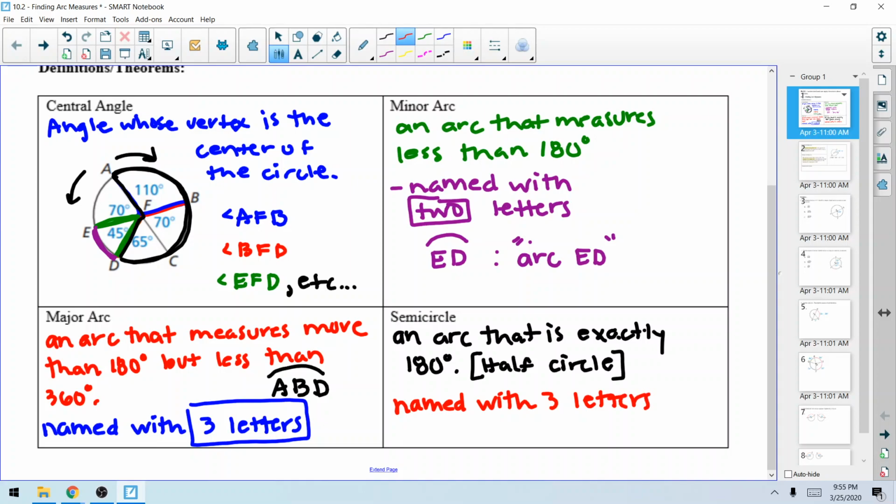And kind of for the same reason. If you're doing a semicircle, which is like half the circle, and you just tell me AC, well, did you want the left half of the circle or did you want the right half of the circle? I could go from ABC, which is the right half of the circle, or I could go AEC, which is the left half of the circle. So you have to give me that 3rd letter so I know which one you're talking about.